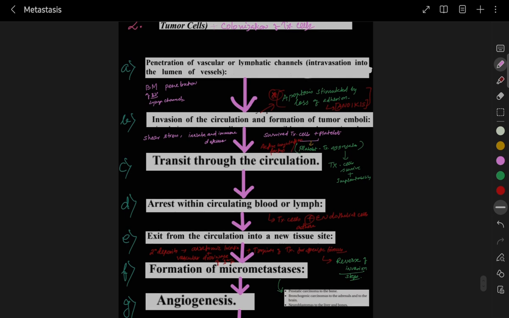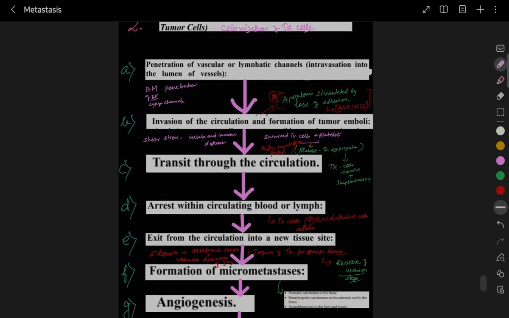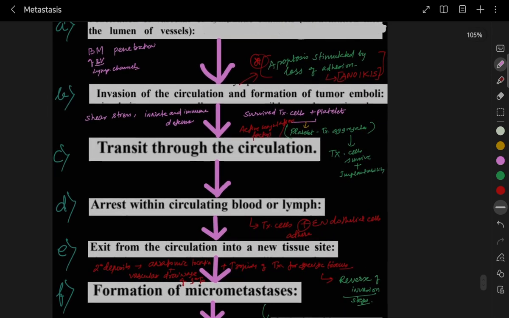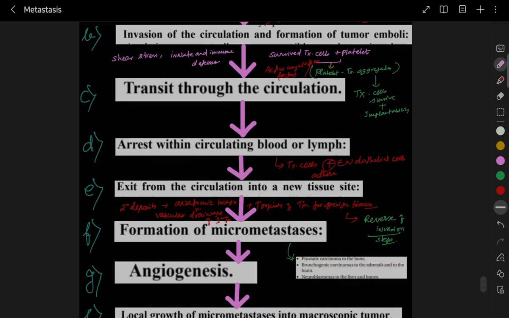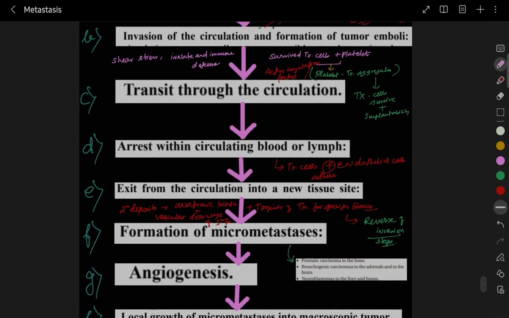These aggregates survive and have the chances of implantability. Some transit through the circulation and some arrest within circulating blood or lymph, and those that get arrested adhere to the endothelial cells, and thus they exit the circulation into a new tissue site.